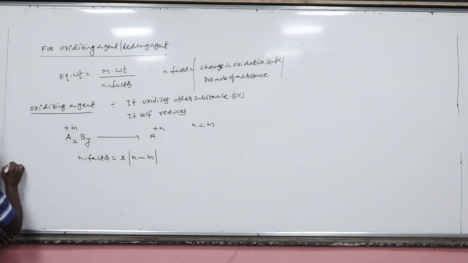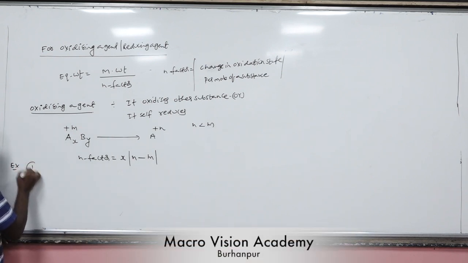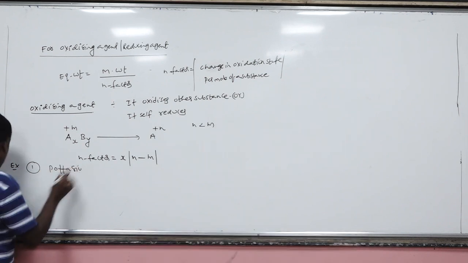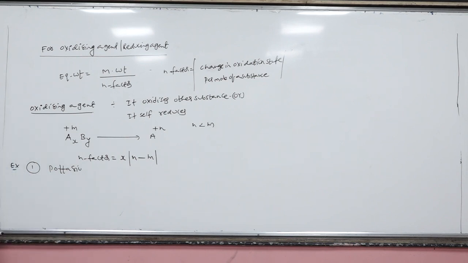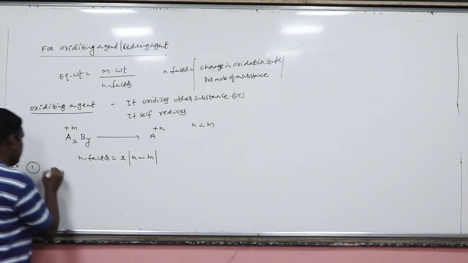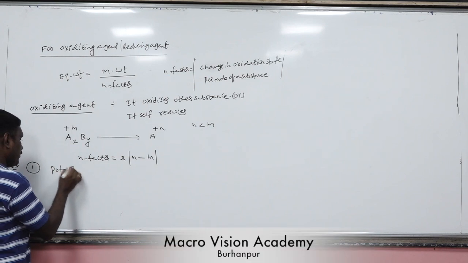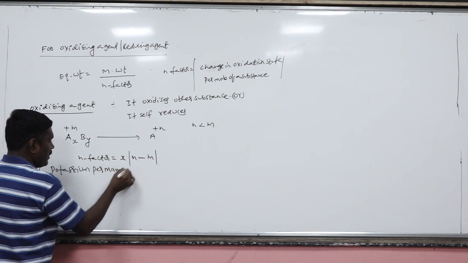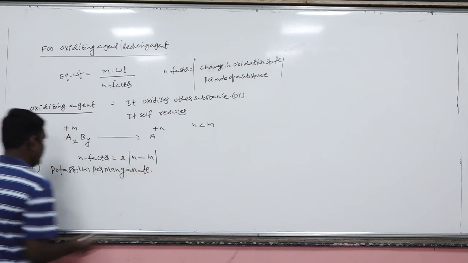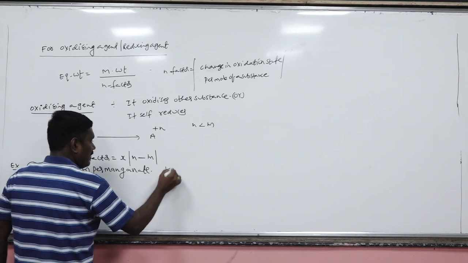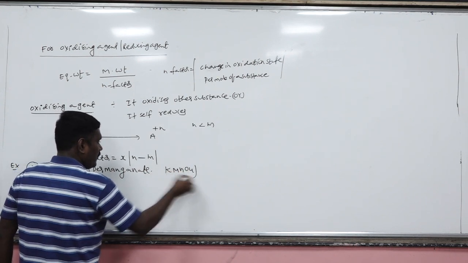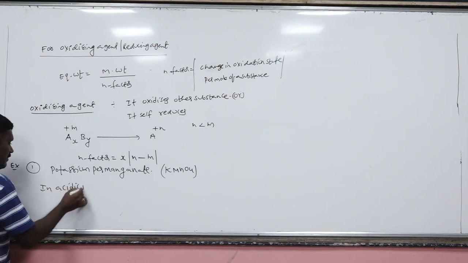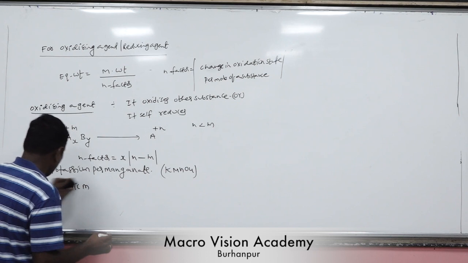Okay. Now, one important example we have: potassium permanganate. The molecular formula is KMnO4, in acidic medium.